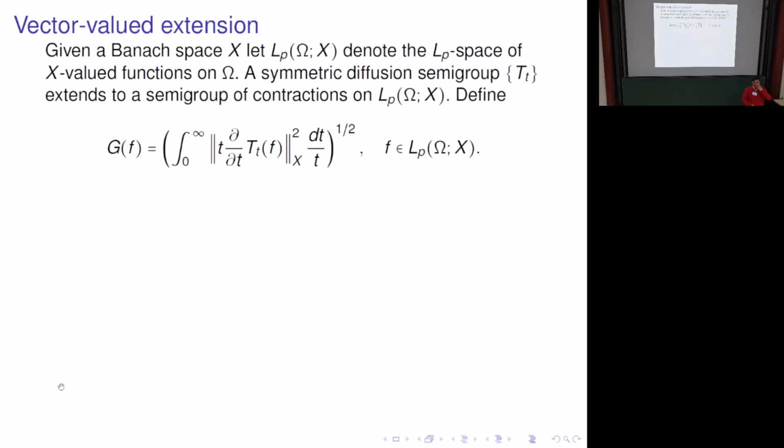So the aim of this talk is to consider the vector valued extension, related to the geometry of Banach spaces.